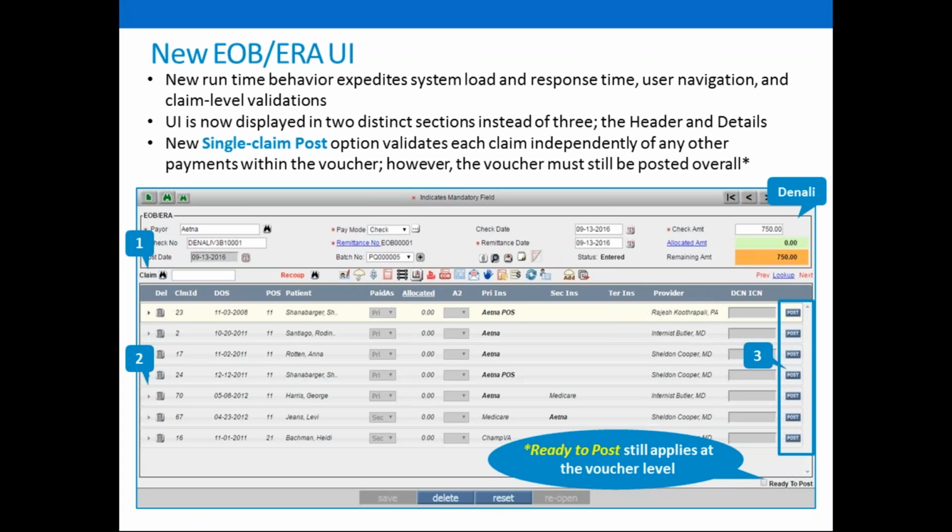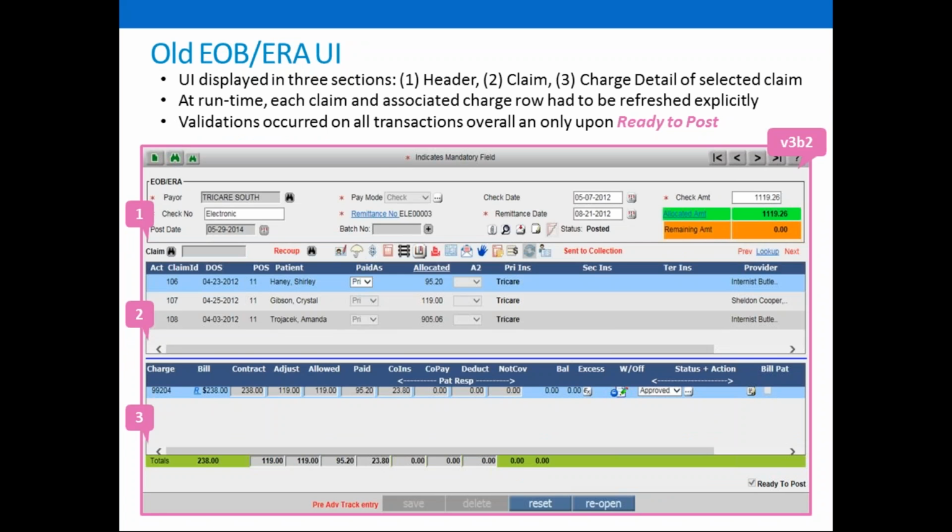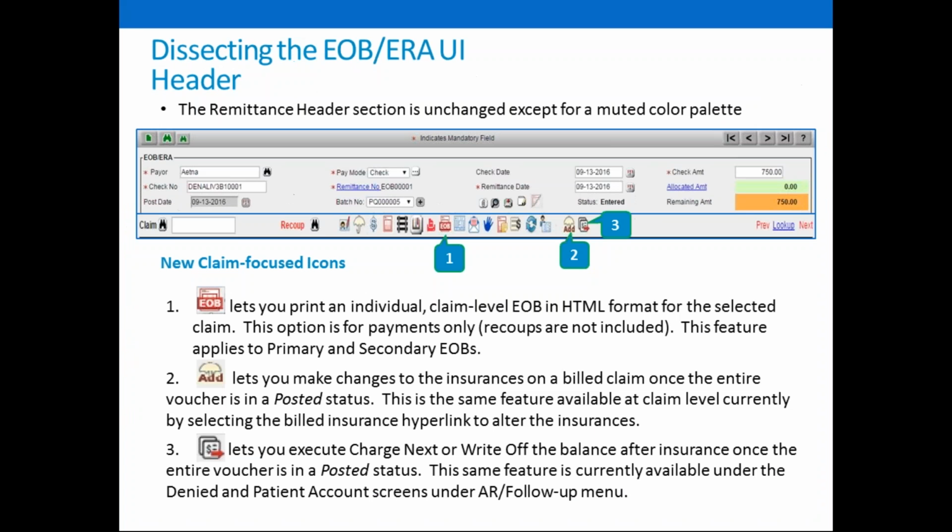What has changed is that middle part, when you're entering the details of the remittance at a claim and or charge level. That is where these changes take effect. So visually, you will have that difference. Now just dissecting it again, going a little bit more detail here.